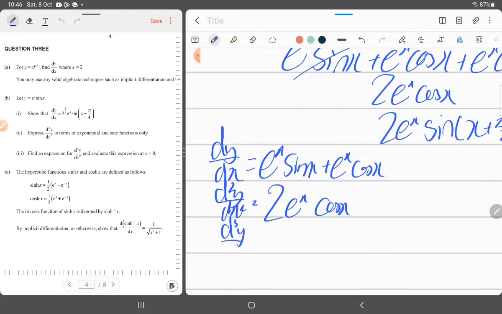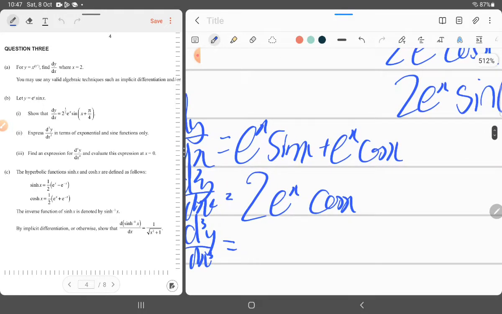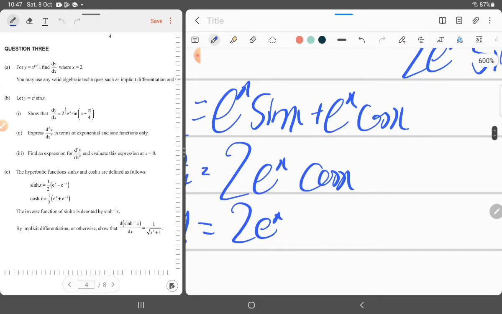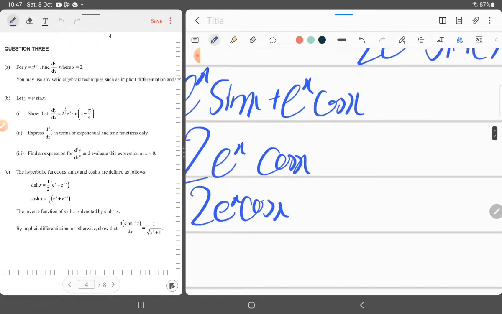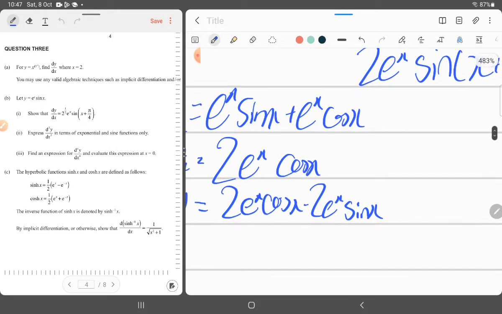D cubed y over dx cubed is equal to, a dash, b to the power of x sine x.